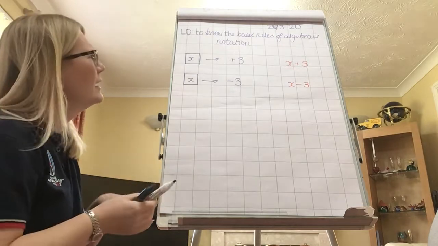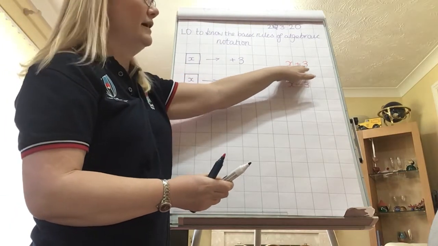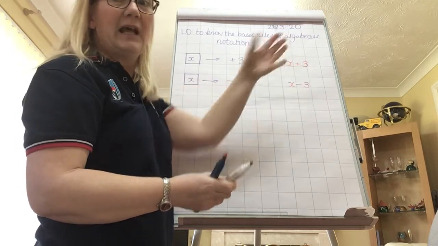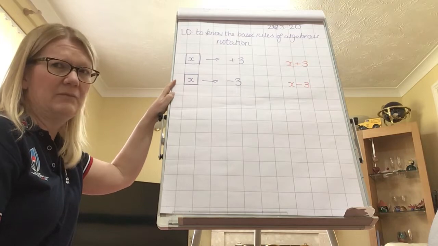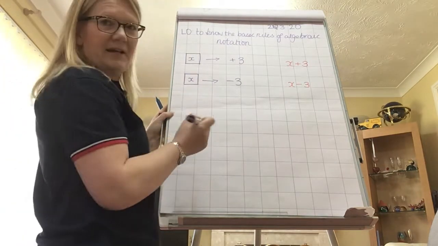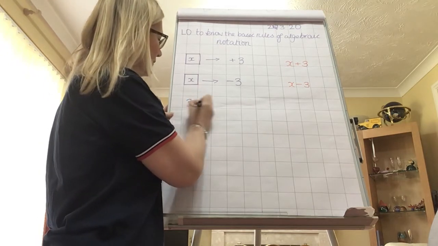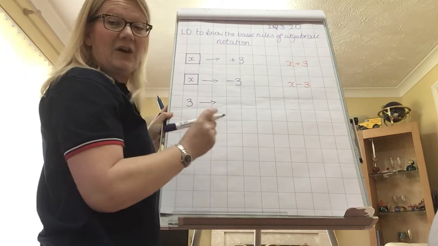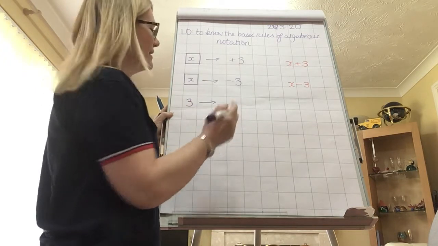Subtraction. Okay. Addition. Commutative. If I had 3 and I wanted to add X onto it, it wouldn't matter which way round it was. Subtraction, not quite the same. Definitely not commutative. So this time I'm going to start with 3. And I want to take my little friend X away.